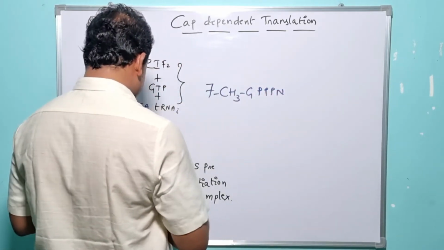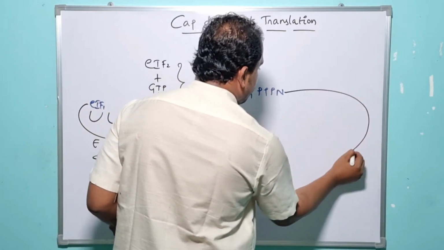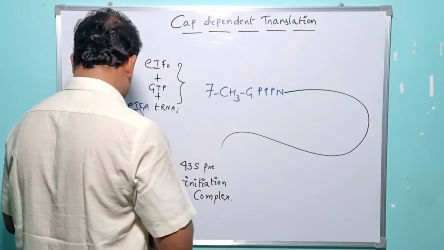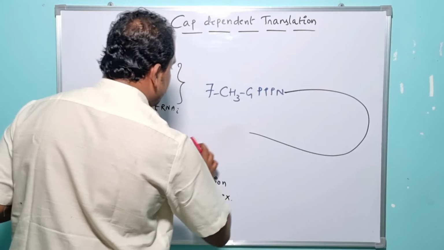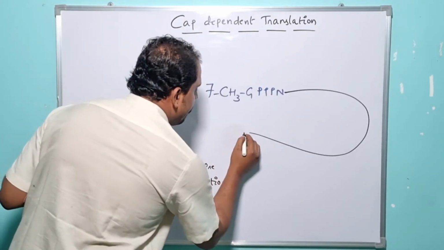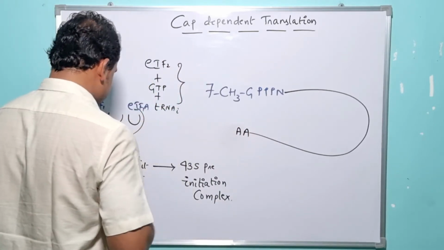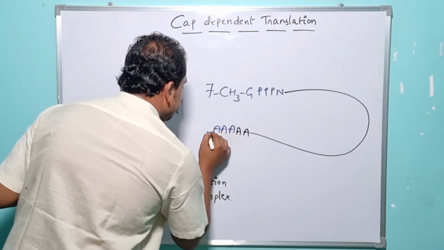So here, this is nothing but the mRNA. So let me erase the thing here. Here there is an availability of multiple adenosine nucleotides, right? At the 3' end.